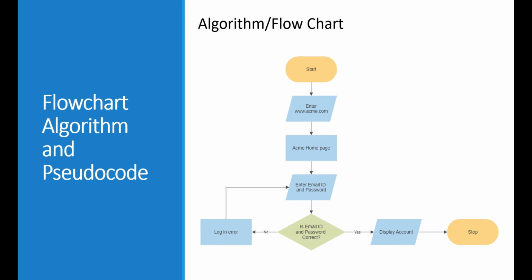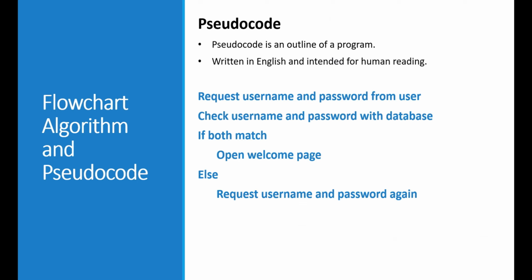Another way that we can plan out our program is using pseudocode. Now, pseudocode is an outline of a program written in plain English, which can be easily converted into real programming statements at a later time.